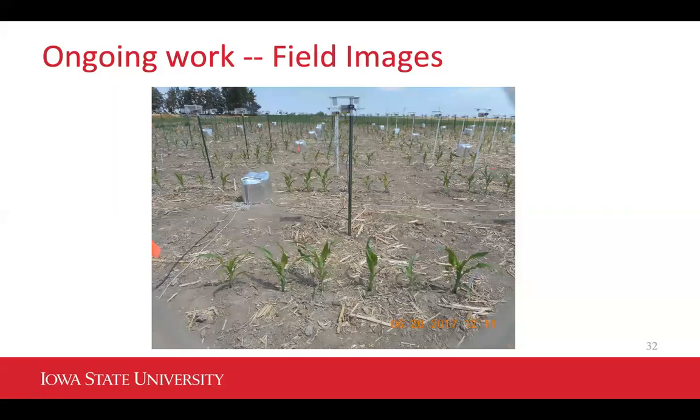Again, it's about preparing the training data and then building the model. We chop the background from the field and use plant pixels from the greenhouse. We combine those two together and then build a neural network.